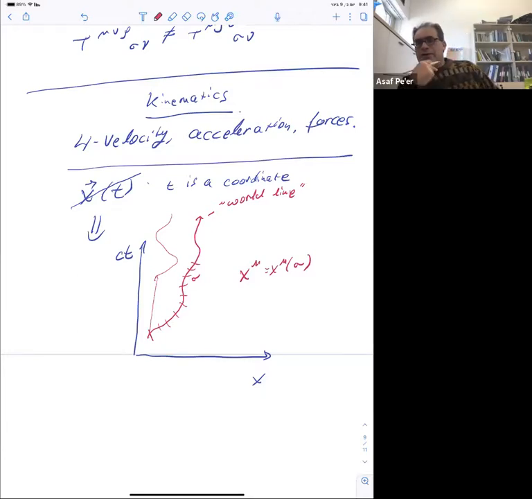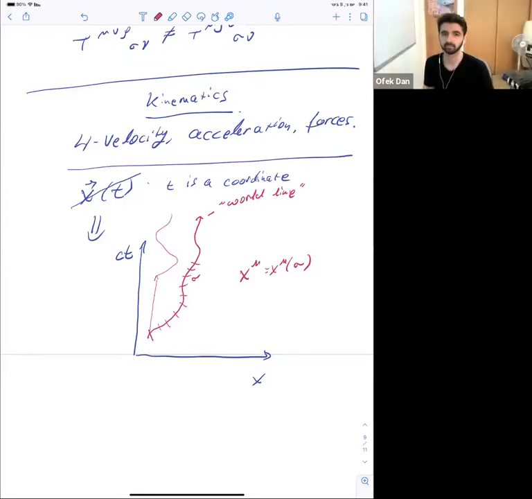Do we have any restriction on the choice of sigma? That can be basically everything, but there is obviously a very natural parameter to choose. What is that? Proper time. The proper time, very good.